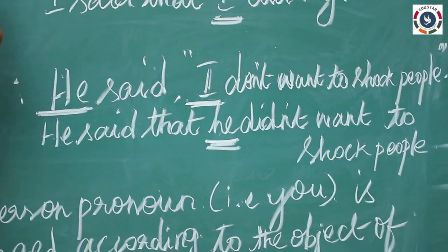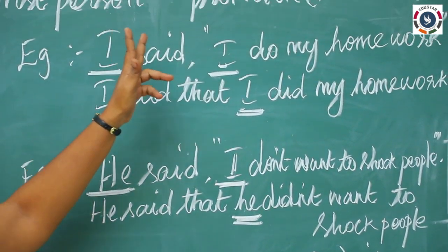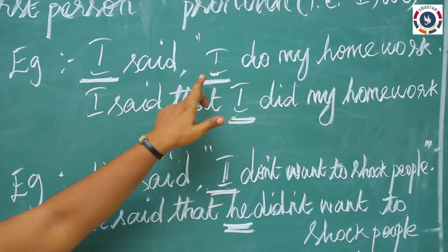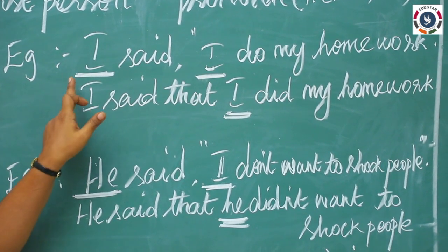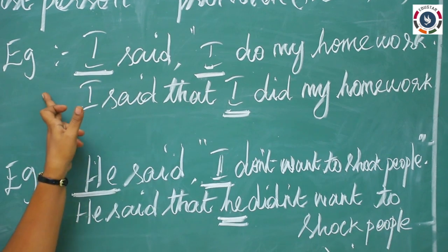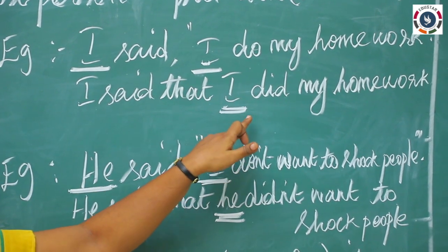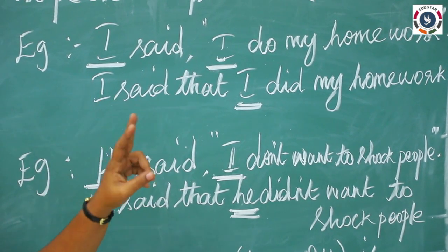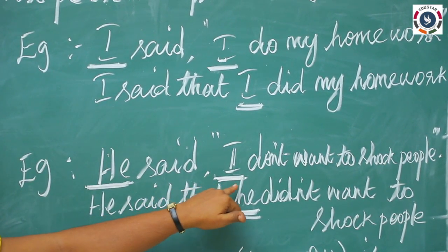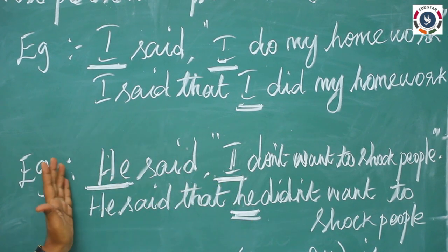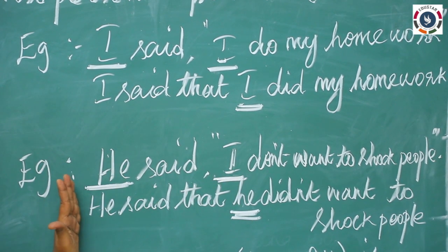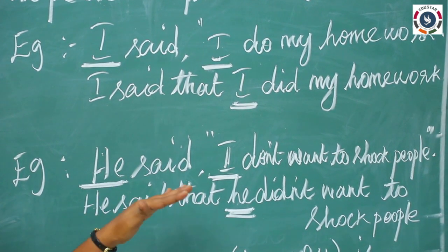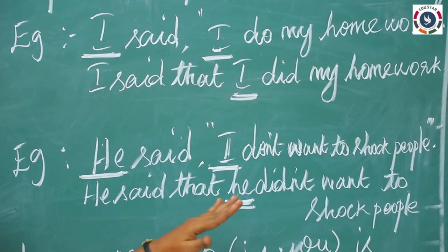So please make a note: if the first person pronoun "I" or "we" is present in the direct speech, you have to look at the pronoun in the reporting clause also. If both are the same, you will not change the pronoun in the indirect speech. But if some other pronoun or name is there, according to that it will be changed into "he" or "she".